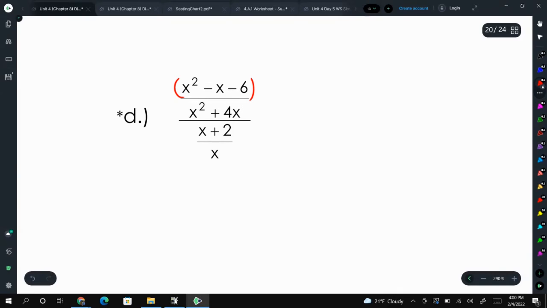Now, I want to factor this numerator and this denominator. So the numerator will factor into x minus 3 times x plus 2. And the denominator is going to factor to x.